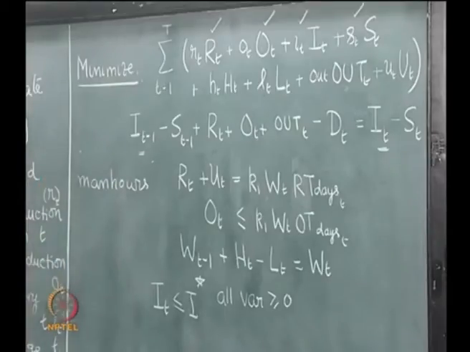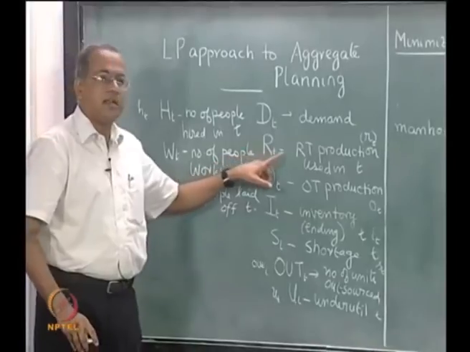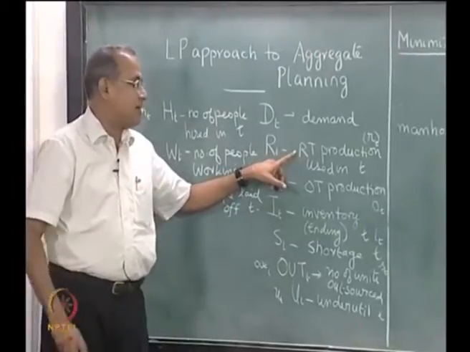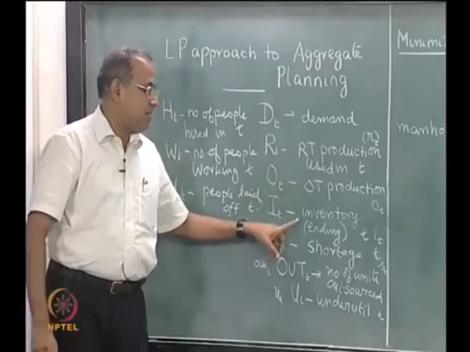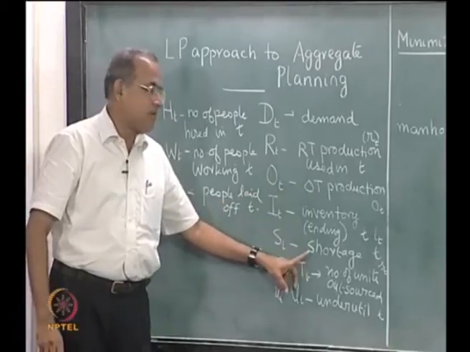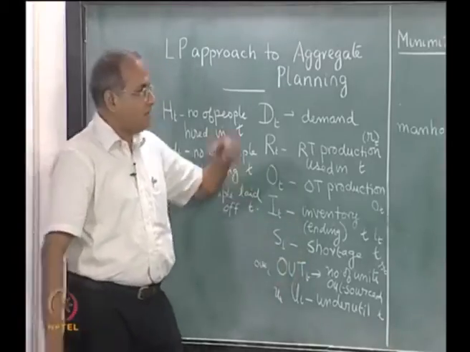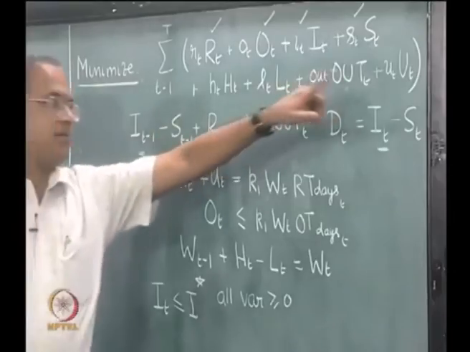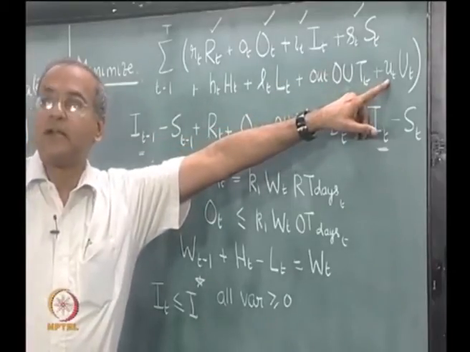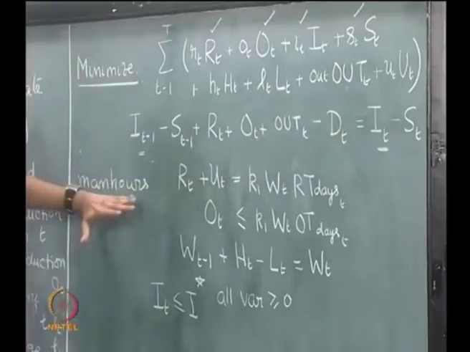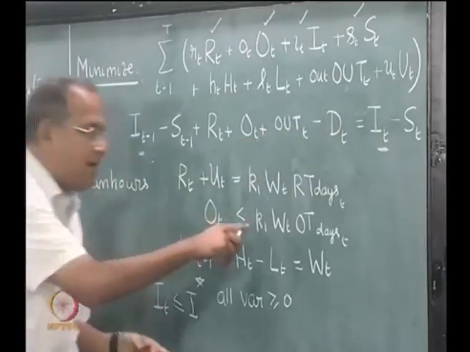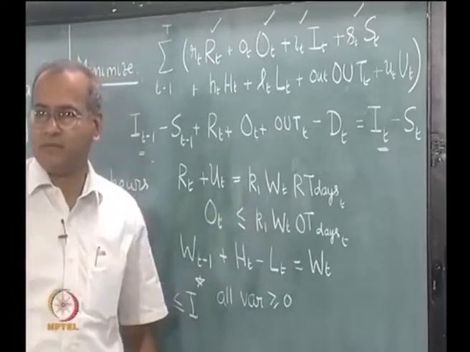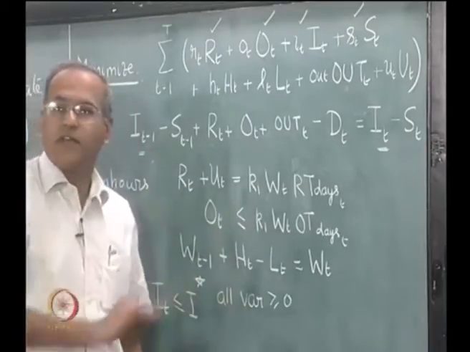So this formulation will be, let RT be the number of man hours of regular time production, number of man hours of overtime production, number of man hours of inventory, number of man hours of shortage, number of man hours outsourced, number of man hours underutilized. So it has a common unit which is called man hours. Therefore some of these K1 etc. will have to be redefined, which is not very difficult to do.